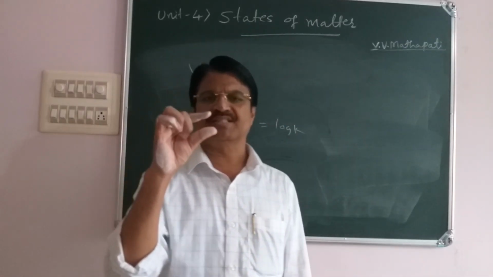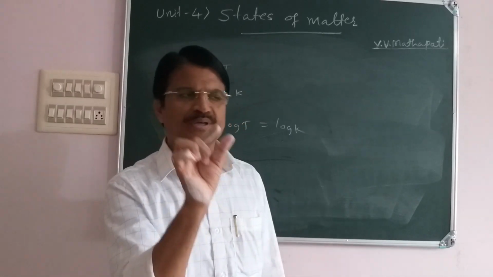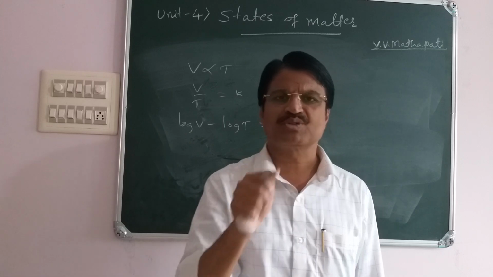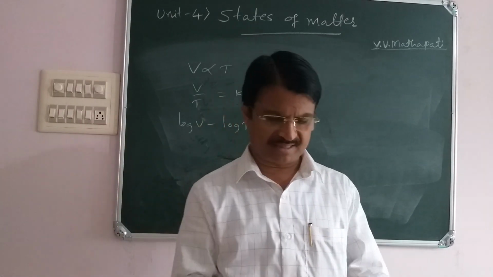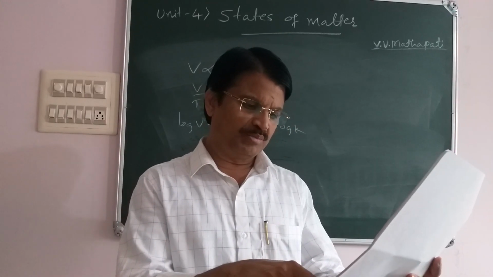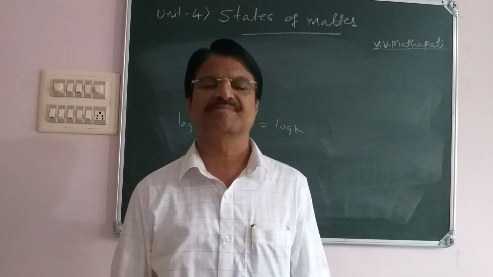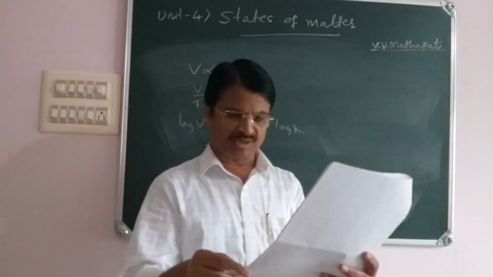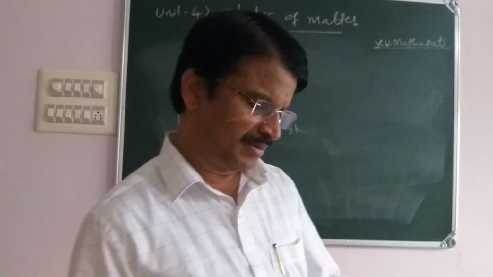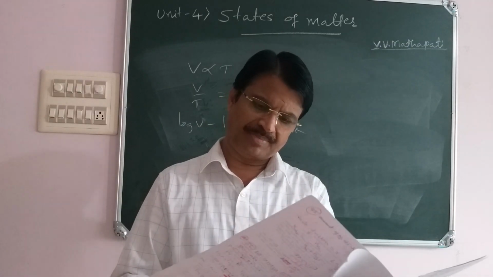Pressure correction from ideal to real: instead of P, you write P plus A n square by V square. What does A indicate? Density of the gas molecule, volume of the gas molecule, electric field, forces of attraction between the gas molecules. So answer 4, force of attraction.